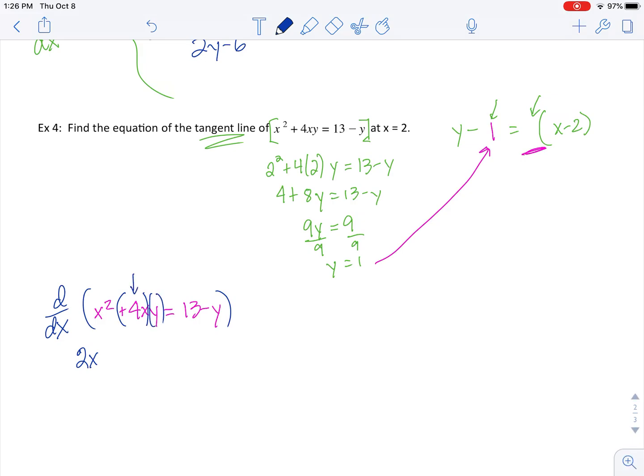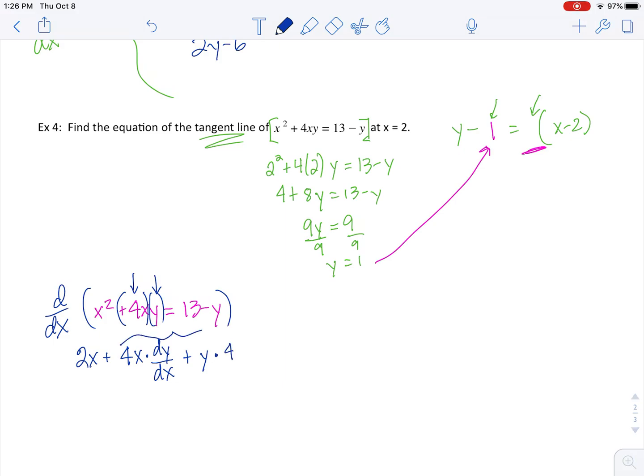So 4x is my first function and y is my second function. So it's first times the derivative of y, which is just the number 1, that's its coefficient, and the derivative has to be implicit because it's the wrong variable, plus the second, which is just y, times the derivative of 4x, which is just 4.